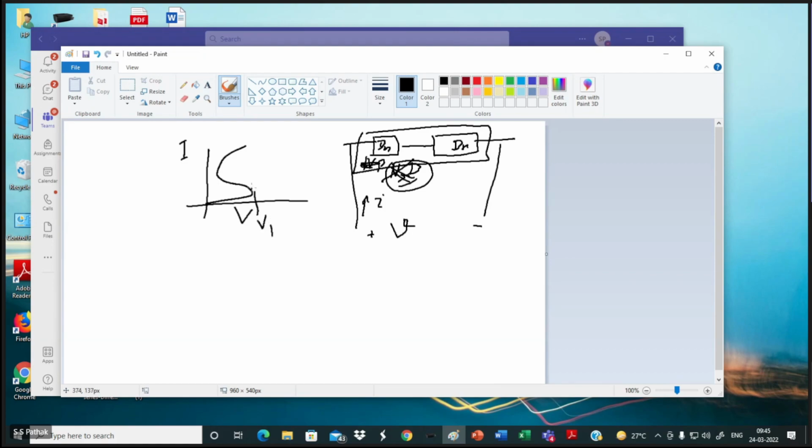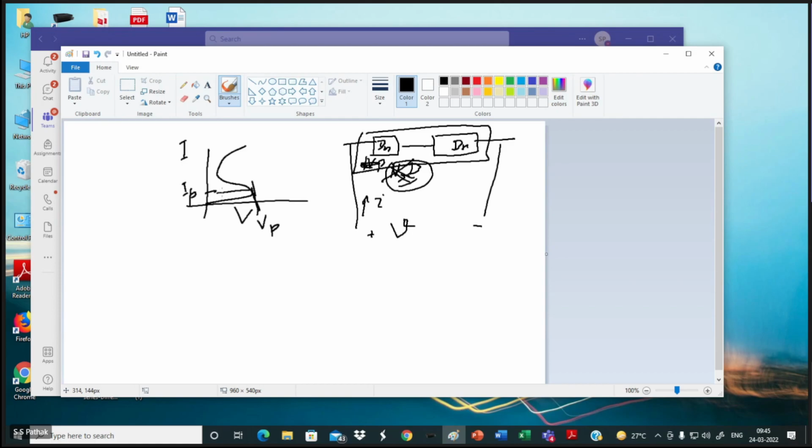If this was your V1, I goes like that, and this was your I1. Normally we call them V peak and I peak.